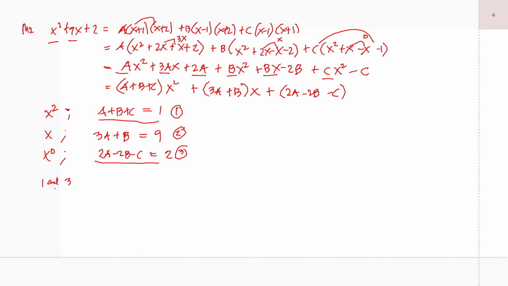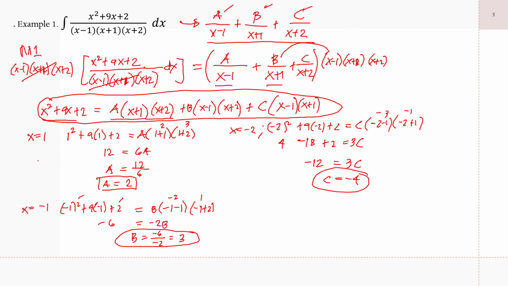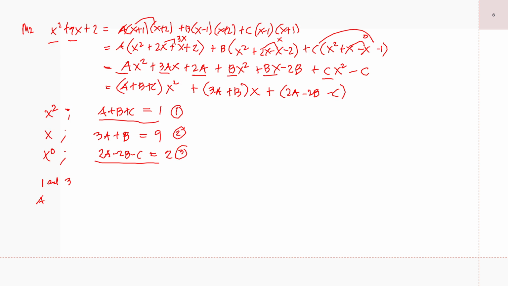So we need simultaneous equations involving constants so that we could find A, B, and C. So A plus B plus C is equal to 1 and 2A minus 2B minus C is equal to 2.